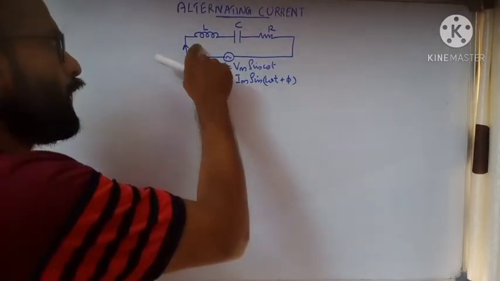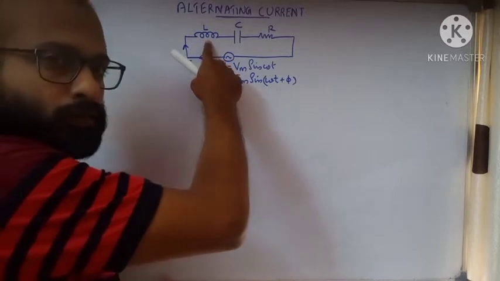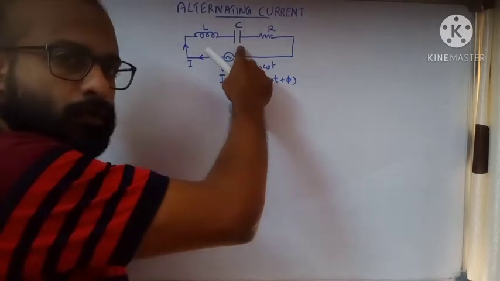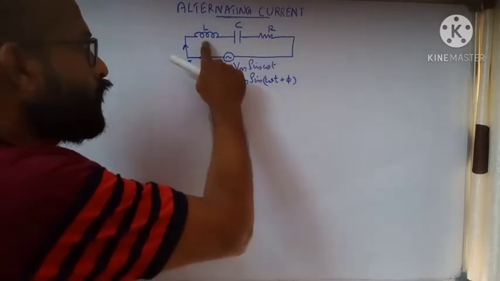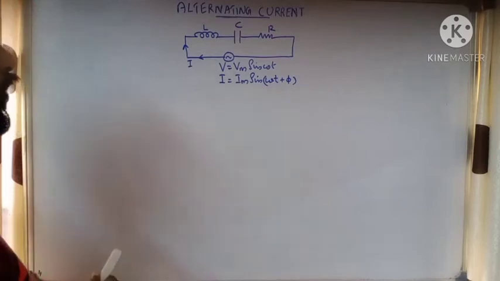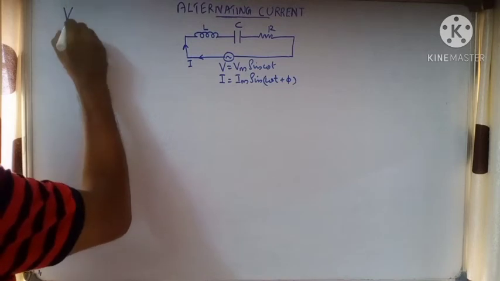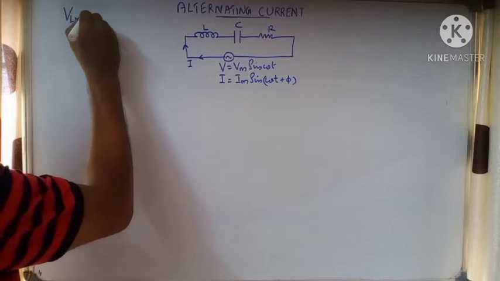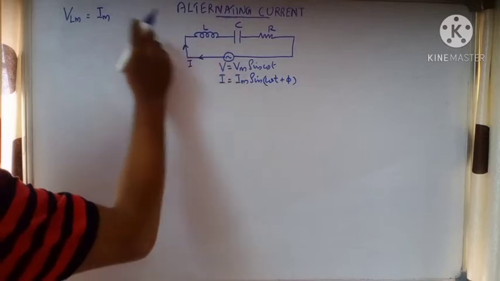Now we know that when alternating current flows through the inductance, there will be some opposition provided by the inductor, that is called inductive reactance. In the capacitor also there will be opposition, and in the resistor also there will be opposition. Now we will see the voltage across each component. Across the inductance, the peak value of voltage VLM is equal to Im, the peak value current, into XL.